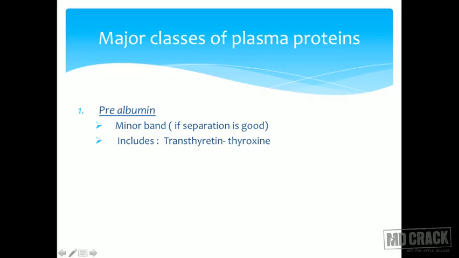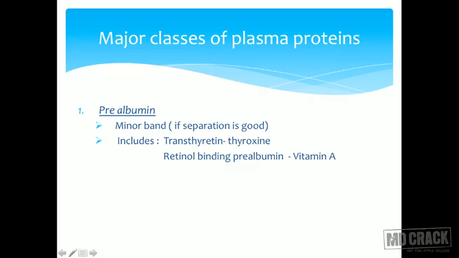Now, which are the proteins that are present in this pre-albumin band? We include transthyretin and retinol binding pre-albumin. Transthyretin is the one which is responsible for the transport of the hormone thyroxine.